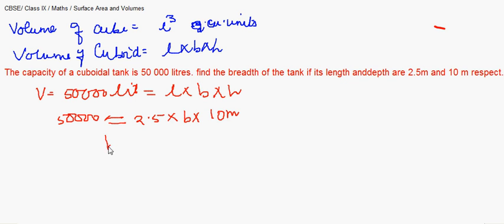So breadth will be 50,000 over 2.5 into 10, so that makes it 25. So it becomes 50,000 by 25.